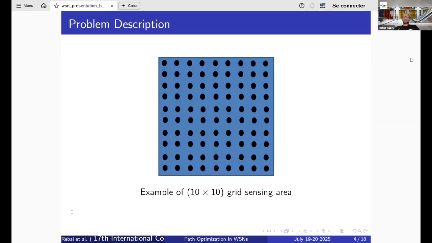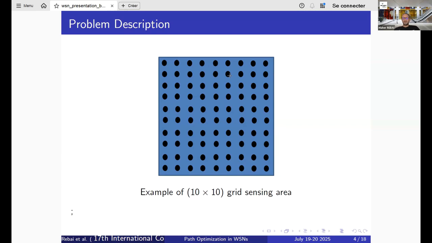To solve this problem, we have considered the sensing field as a grid, which is digitized into grid points. The distance separating each two contiguous points is equal to one measurement unit.